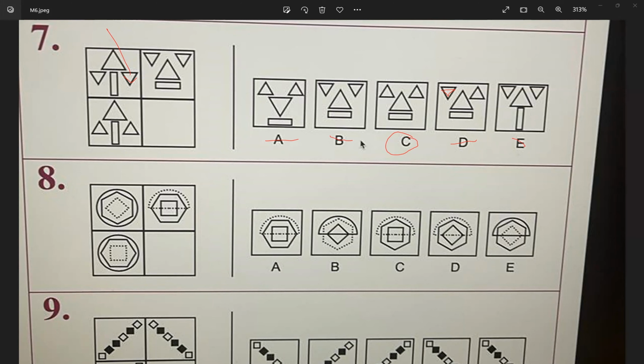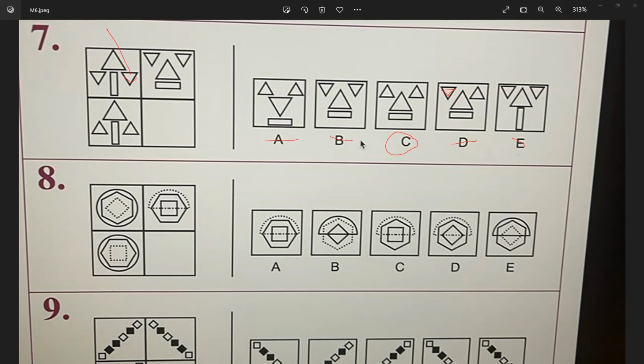Okay, the next question is, we have some shapes again. So we have this hexagon, and the hexagon rotates, and the diamond in the middle rotates to be a square, and then the huge circle around it goes on top, and its shading turns to a dotted line.